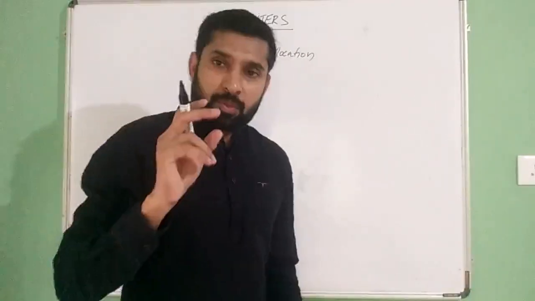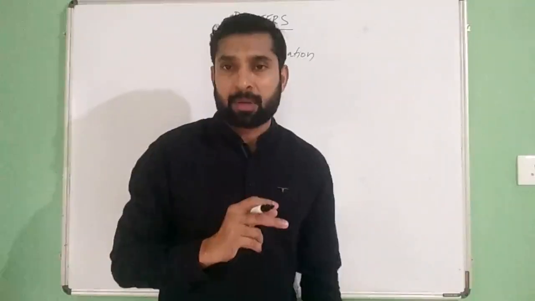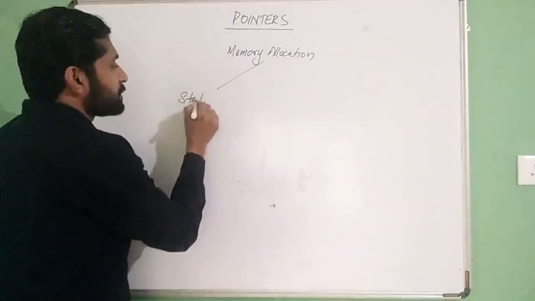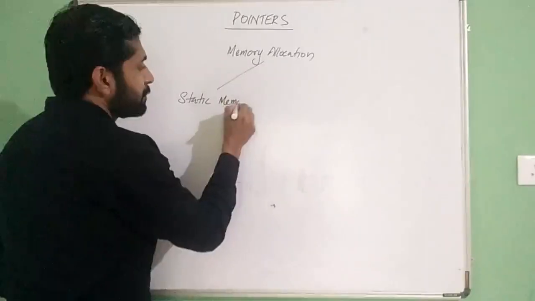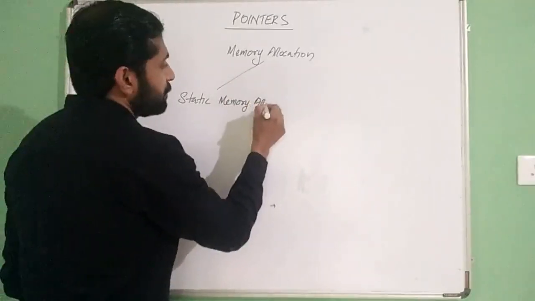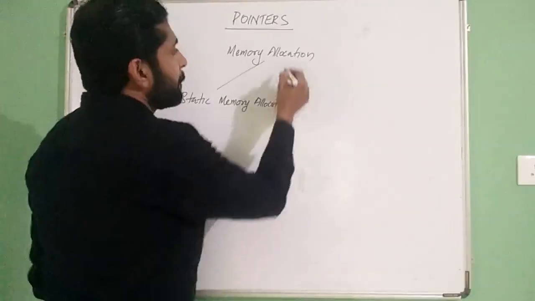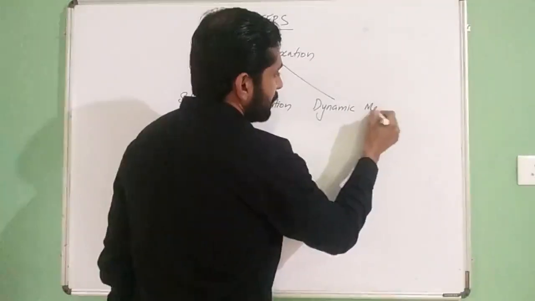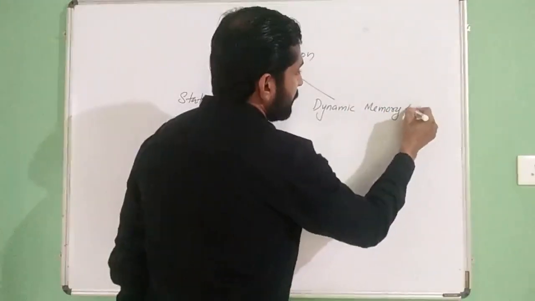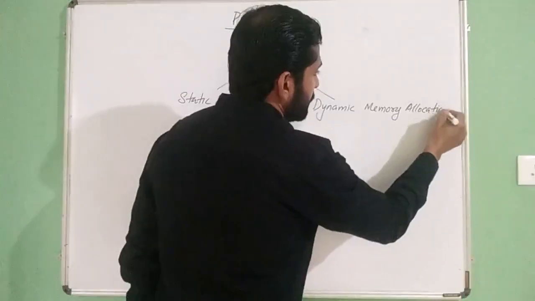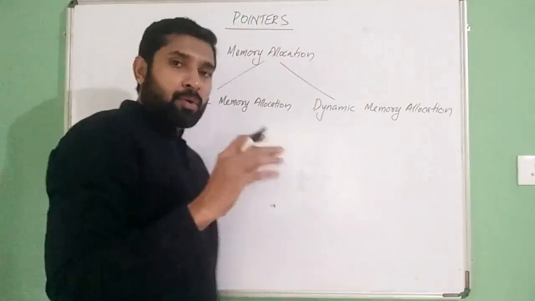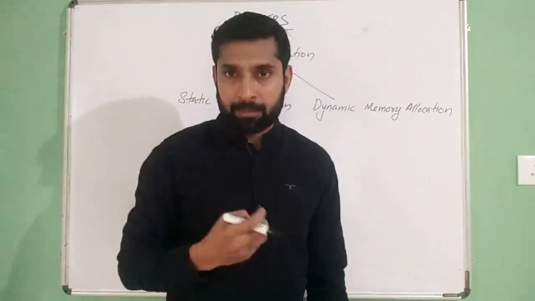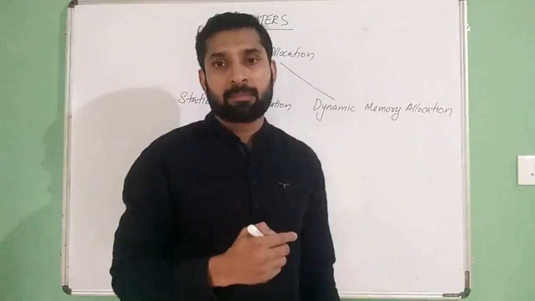There are two methods for memory allocation, namely static memory allocation and dynamic memory allocation. So, for reserving memory required for a program, there are two ways.